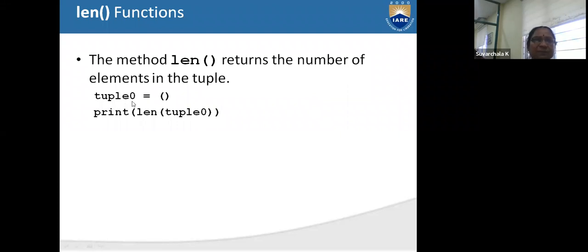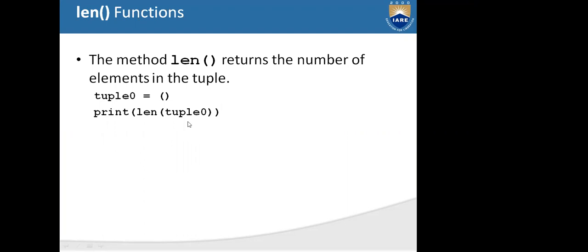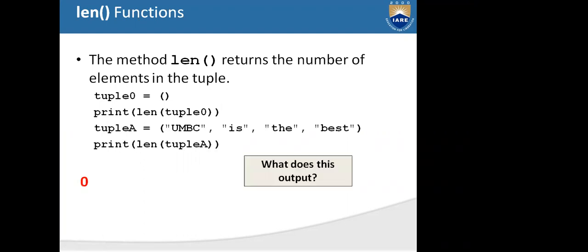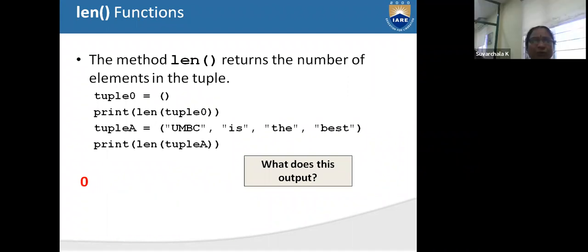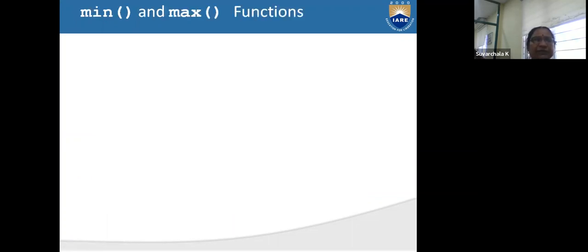For example, tuple 0 is empty, so when we use length of tuple 0, meaning no elements, the output will be 0. And you observe tuple A: how many elements are there in tuple A? 4 elements, so the output will be 4 for length of tuple A. Like that we can use it.